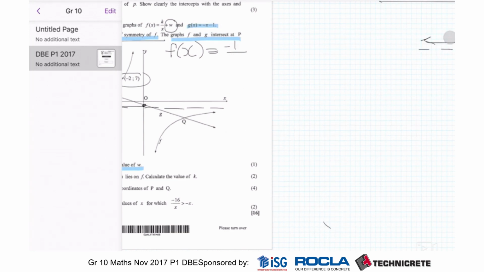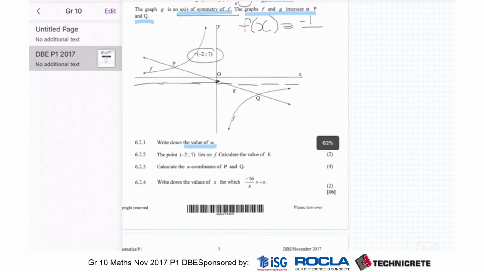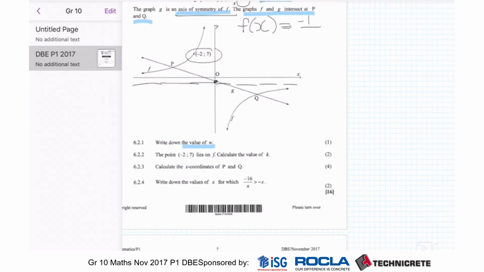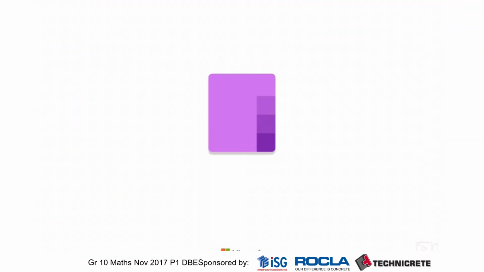Okay. The next question says, so we found k, calculate the coordinates of P and Q. So that is where my two graphs touch each other. They told me that they intersect at those points. And how do you find points of intersection? You find points of intersection by equating the graphs.